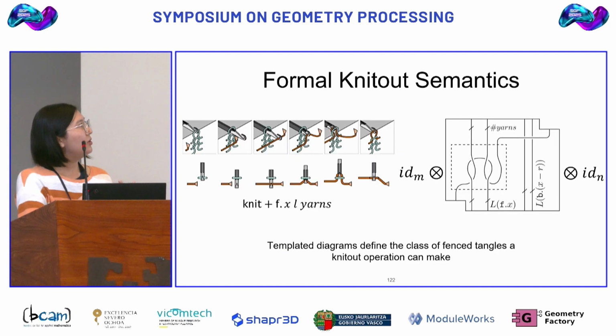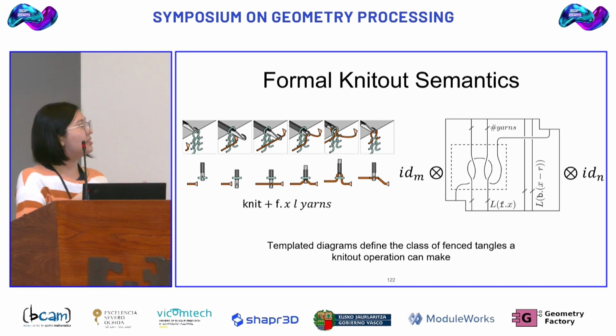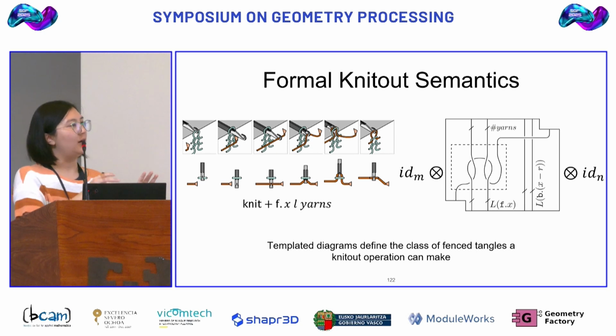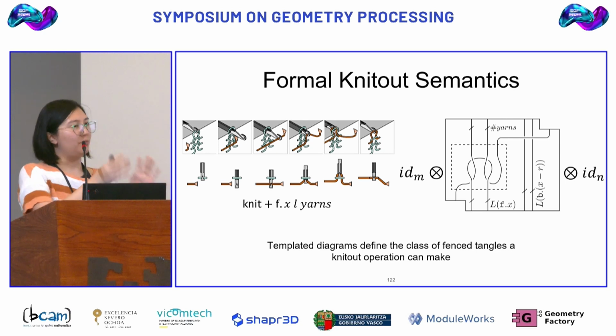And the idea is that when we work with this more strict definition of a knitting operation, we can start constructing these templated diagrams that define the class of fence tangles that a given operation maps to. So here, the knit operation denotes this class of fence tangles where it's a composition of the identities where not much is happening with a more complex class of fence tangle in the center.